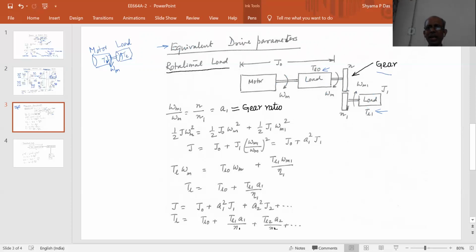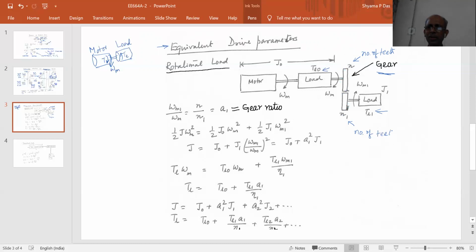This is a gear arrangement. This gear has some teeth on the motor side and some teeth on the load side. So this N is basically the number of teeth.